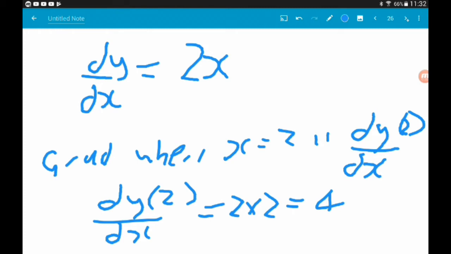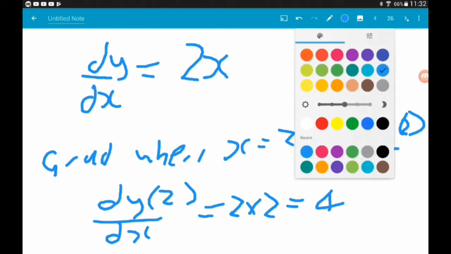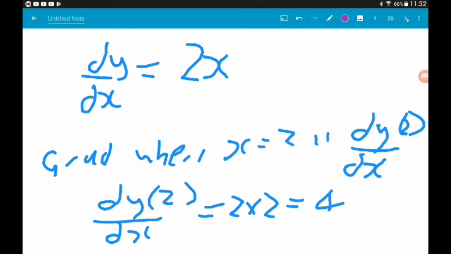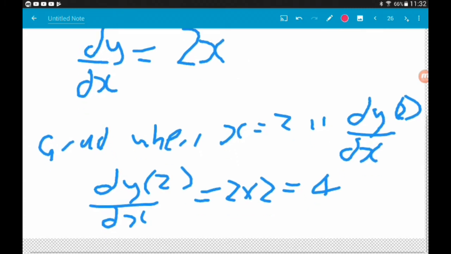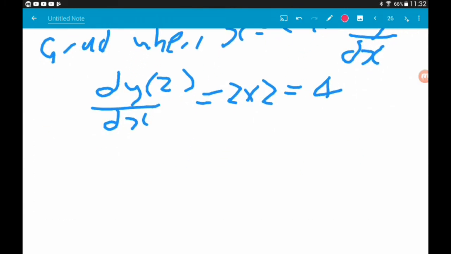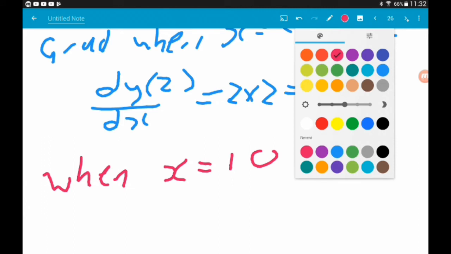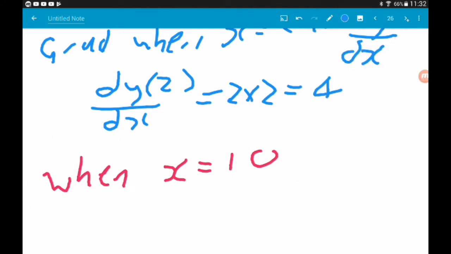Let's do another one to show you how it changes. We'll stick with x squared while we're here. Let's say we want the gradient when x equals 10. We already know our gradient function is 2x.